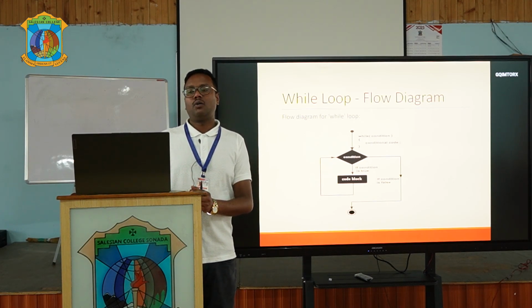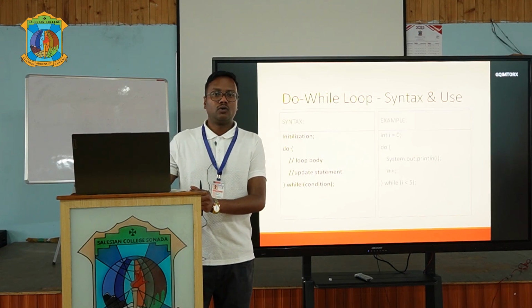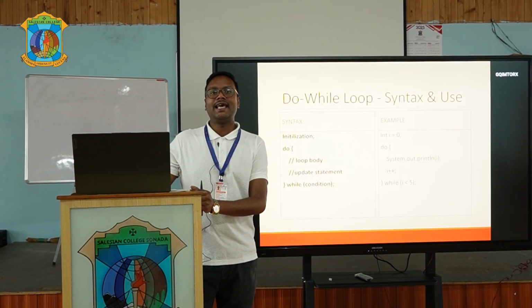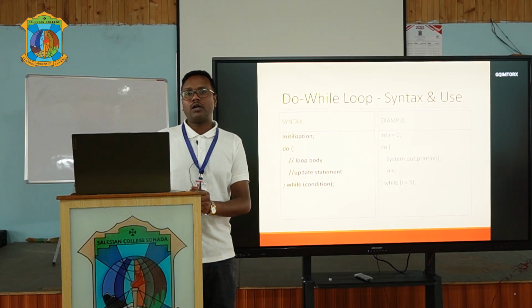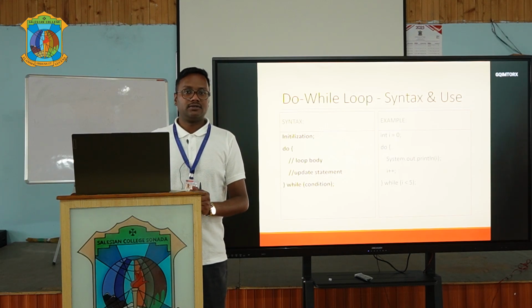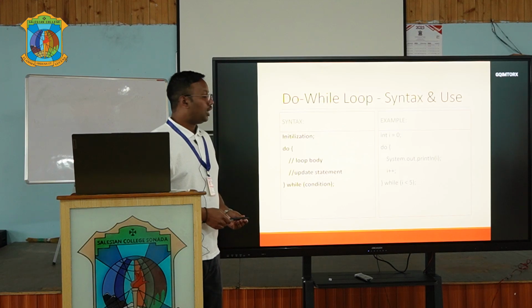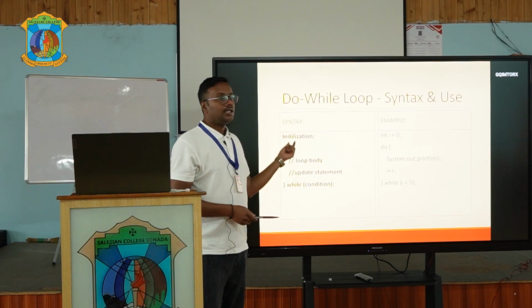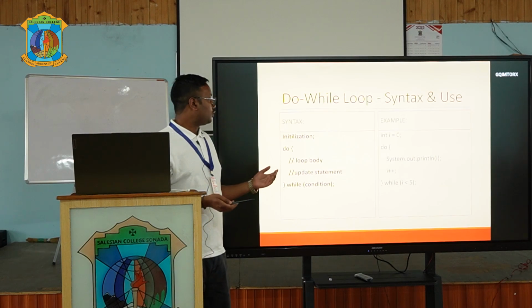Now we will move to another loop, that is the do while loop. Note that the do while loop is the exit control loop. Here the loop body will be executed at least once before checking the condition. So the basic syntax of the do while loop is as follows. Again the initialization is done outside the do while loop.